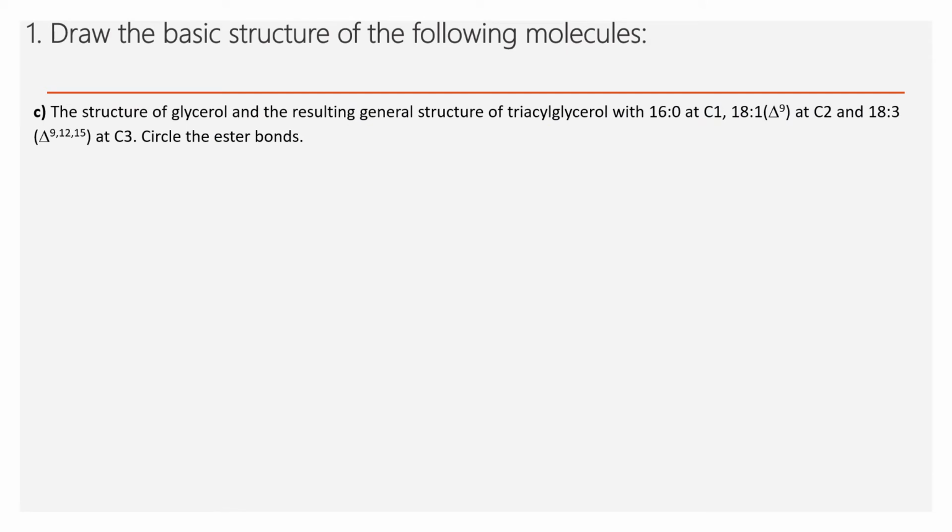Number 1, draw the basic structure of the following molecules. C, the structure of glycerol and the resulting general structure of triacylglycerol with 16 carbons, 0 double bonds at carbon 1; 18 carbons, 1 double bond at carbon 9, and that's carbon 2; and 18 carbons, 3 double bonds at these locations at carbon 3, and circle the ester bonds. First of all, you need to be really familiar with glycerol.